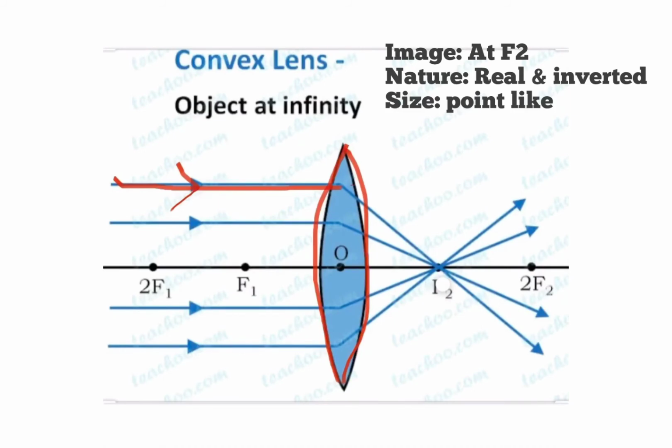So after getting refracted, it will pass through f2. Similarly, if we consider another ray which is parallel to principal axis, then after refraction it will also pass through f2, and you can see that they both are meeting here. So here image will be obtained which is point like. The nature of the image is real and inverted.